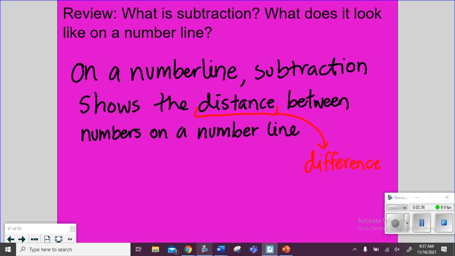That's a tricky math word because we actually use difference in regular talking, right? If I have you explain the difference between Jacob and Bladen, you're going to tell me ways that they're different. That's not exactly the same thing in math. And sometimes that's hard to remember.